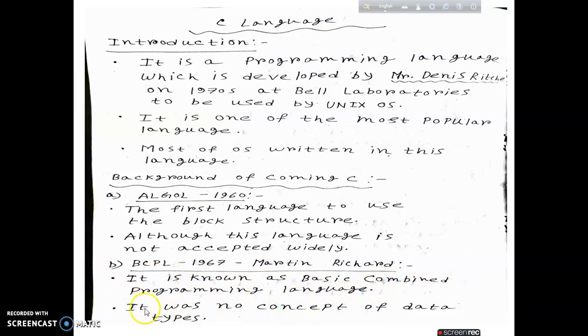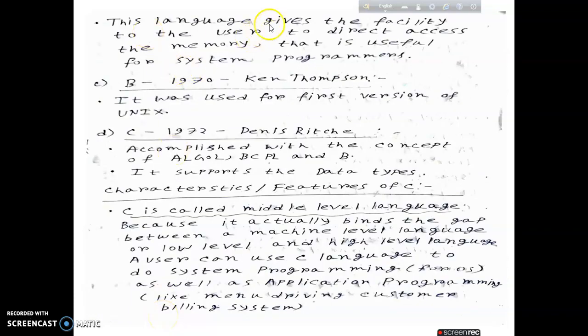If we come to the characteristics of BCPL, there is no concept of data types. This language gives the facility to the user to directly access the memory. That is useful for system programmers.